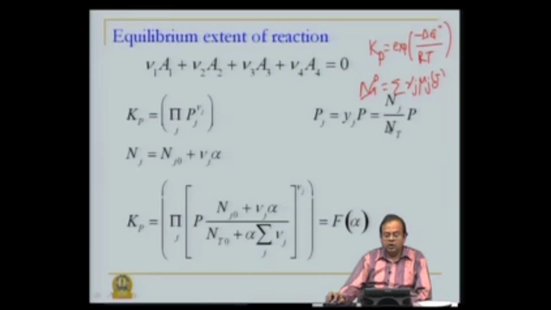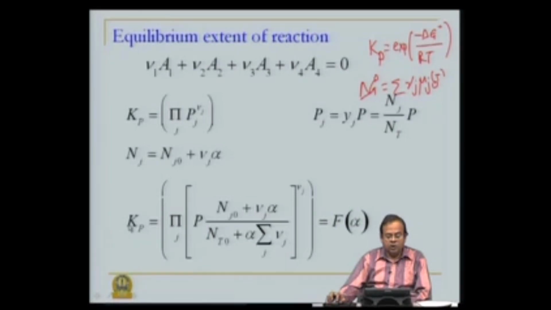And what is Nt? The total number of moles is nothing but the summation of Nj, which is the summation of Nj 0, which I have called Nt 0, the total number of moles initially present, plus the summation of nu j times alpha. So, I can write it as alpha times the summation of nu j.